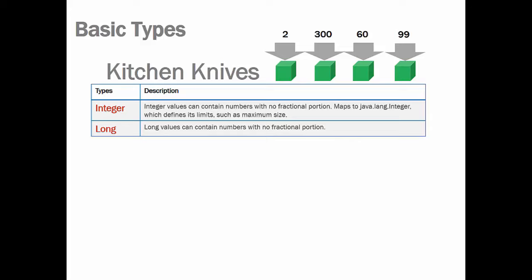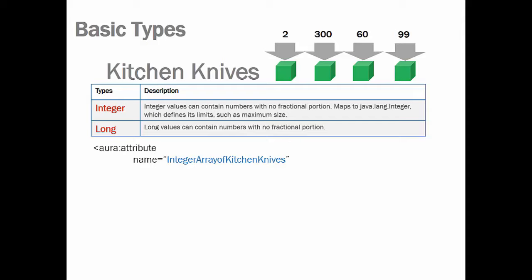So now again, let's look at our placeholder called kitchen knives. The first box is a whole number, 2. I could say something like this box weighs 2 pounds, the second box weighs 300 pounds, the third is 60 pounds, and the last one is 99 pounds. I guess you guys are getting the hang of this. So to write this out, I'm going to start the open tag for the aura attribute.